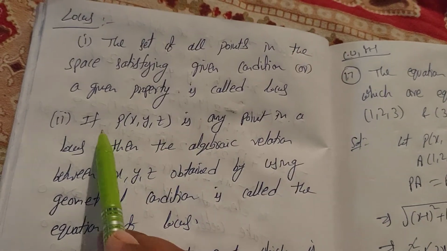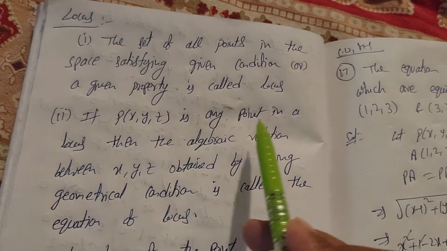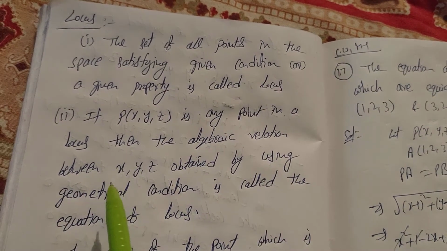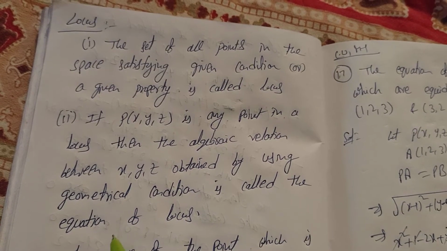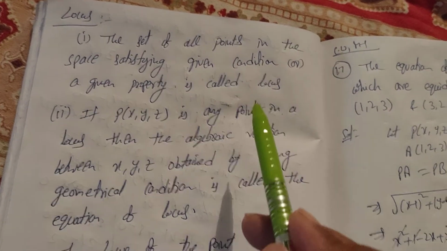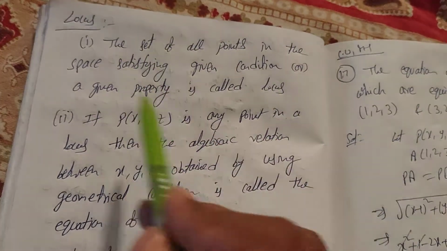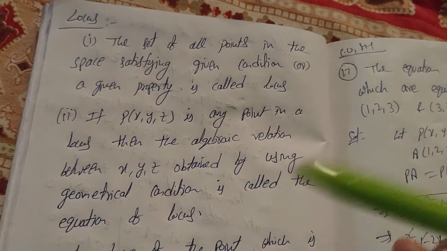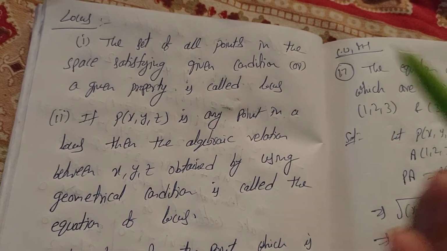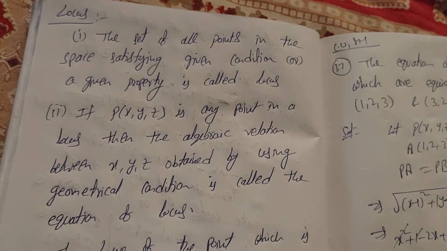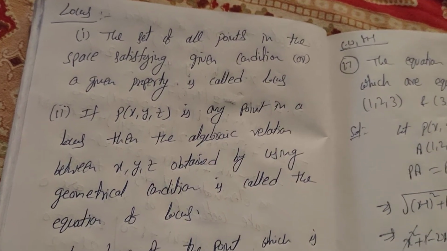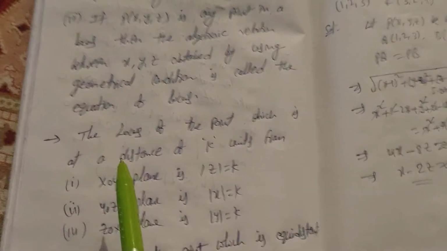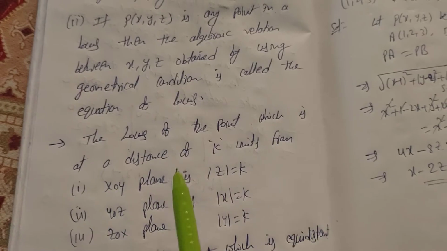Okay, see here, second point, P(x, y, z) is any point on a locus, then the algebraic relation between x, y, z obtained by using the geometrical condition is called the equation of locus. So if you want to find this locus, just you say the equation of that locus. Generally locus is denoted by its equation. So what you get, the relation between x, y, z, that is nothing but the equation of locus, that is only the locus.